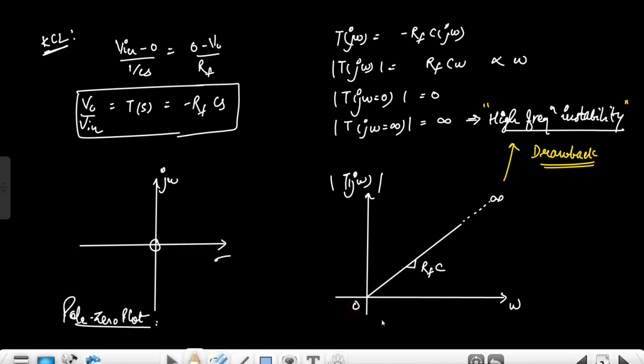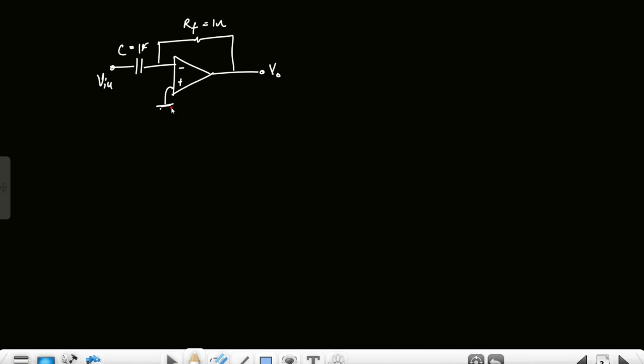So now let's have a look at the different inputs. What is the output of this ideal differentiator? So this is the ideal differentiator circuit, and I'm letting these values be 1 ohm and 1 farad, which means the output for any input will be simply minus dVi by dt, right?